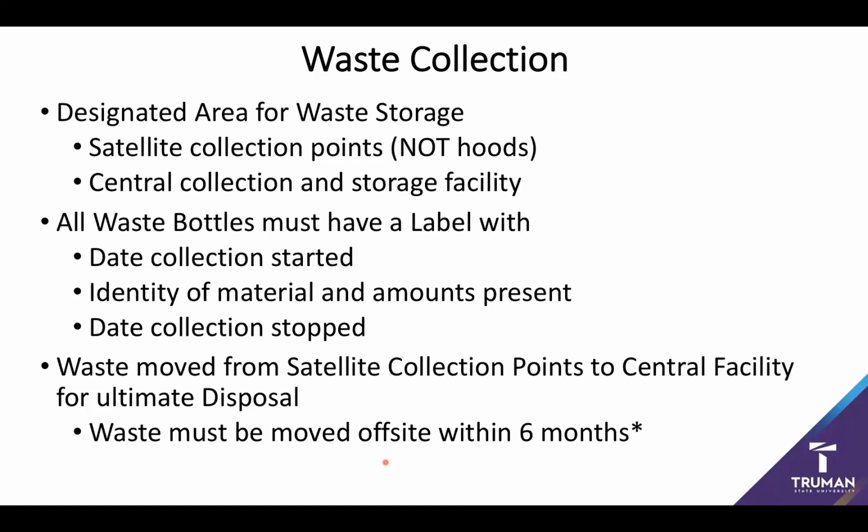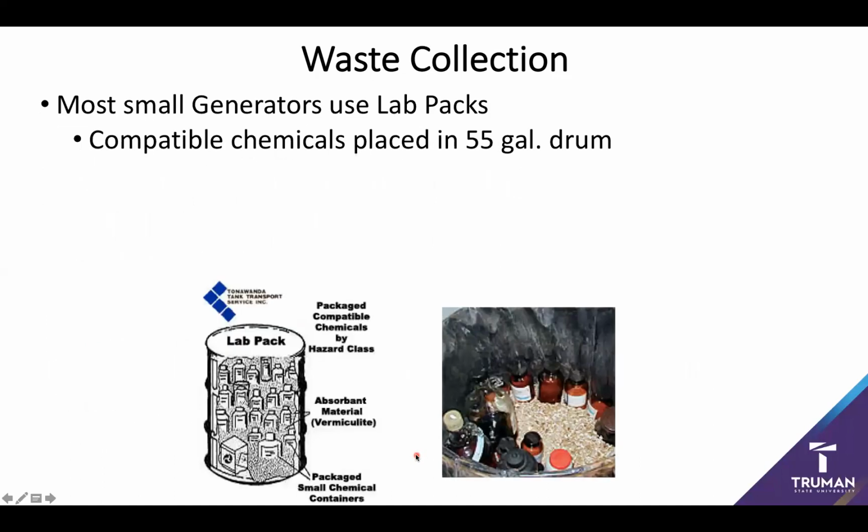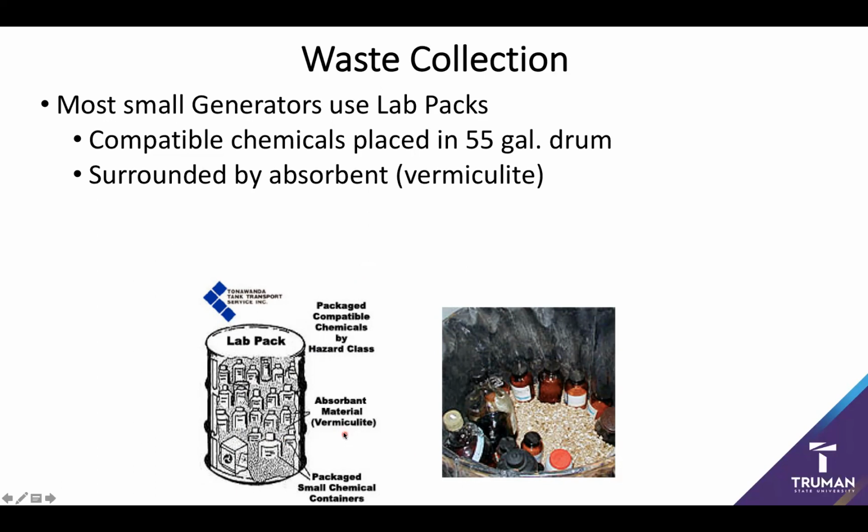So let's say I go ahead and I collect all of our waste in a central facility. How do I move it off site? So most small generators of chemical waste, and yes, Truman actually is a small generator, use what's called a lab pack. So this is essentially the idea of I take a 55-gallon drum and I more or less start putting all of my hazardous materials into the drum, and then I pack it full of some sort of absorbent material, typically vermiculite, which is essentially kind of clay that's highly absorbent in case any of the bottles crack.